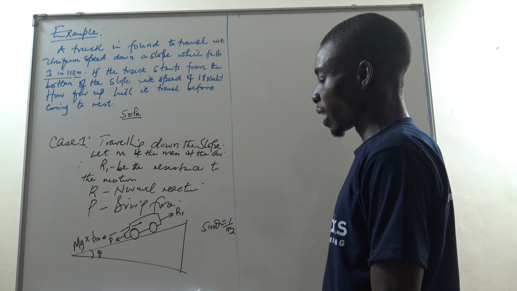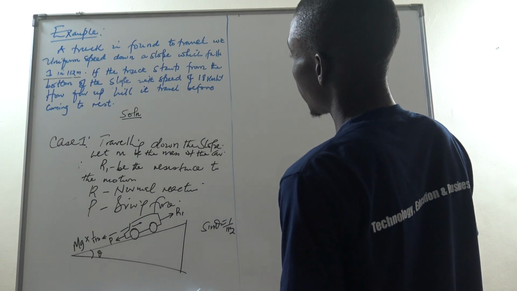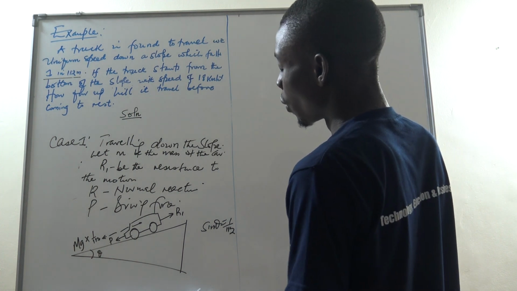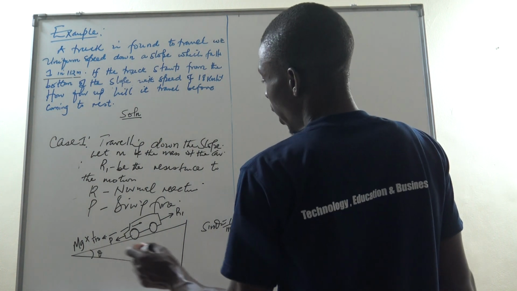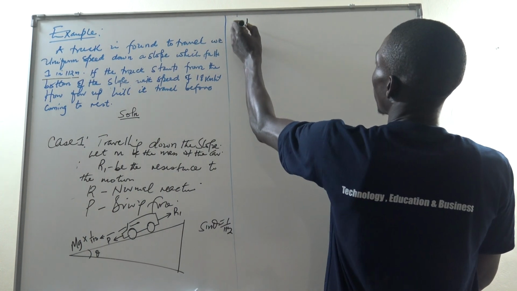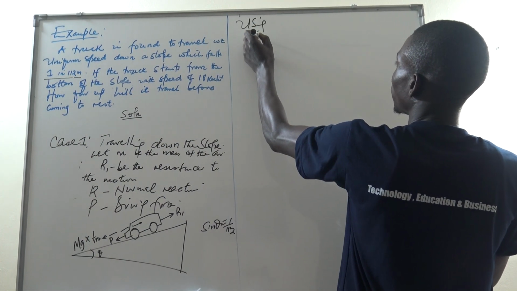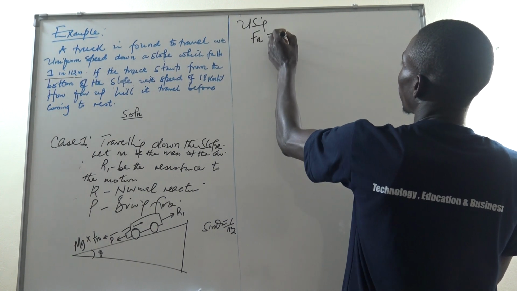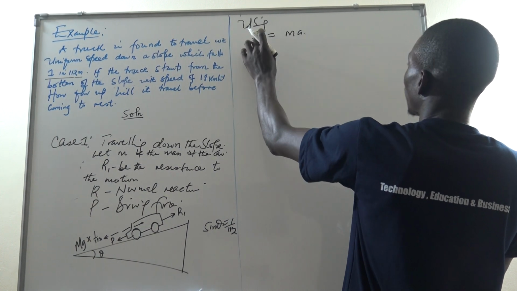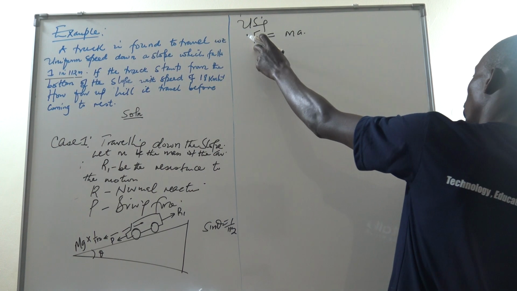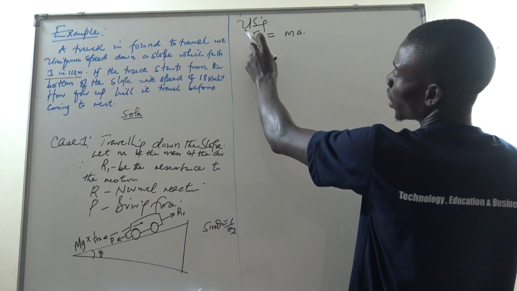I can only draw relevant forces. And it was moving with uniform speed. So using my equation, F equals ma, which is the same as force in the direction of motion minus force opposing motion.